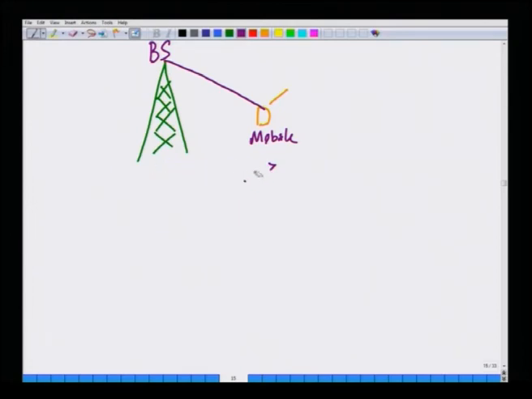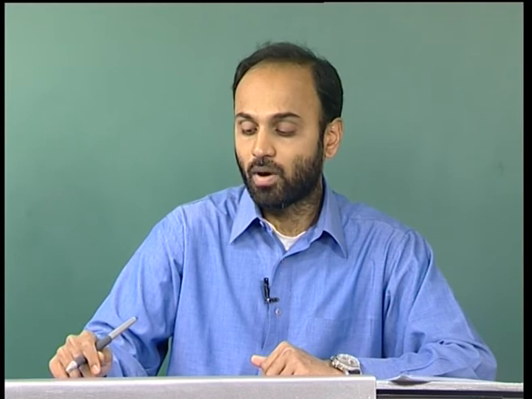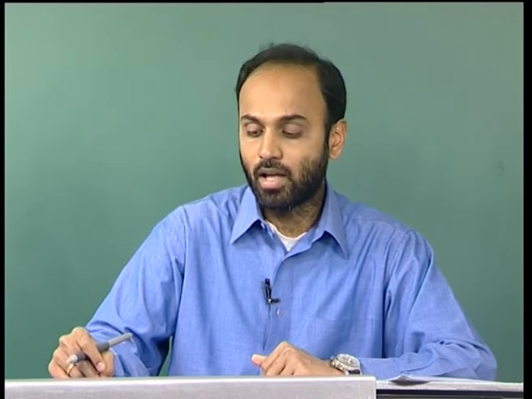In fact, we can also look at the straight line distance d between them. We would like to find the signal strength required at the base station to receive an intelligible signal at the mobile at a distance d.